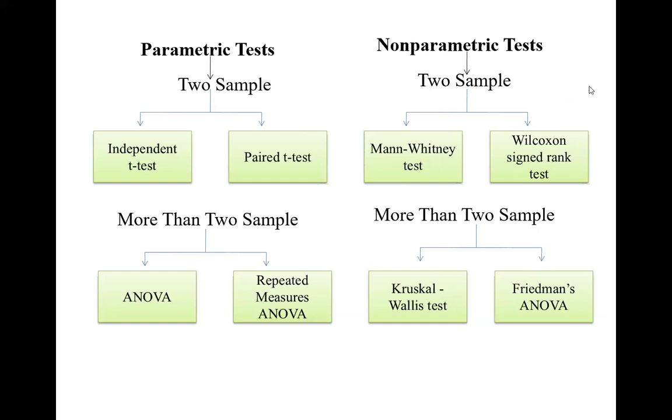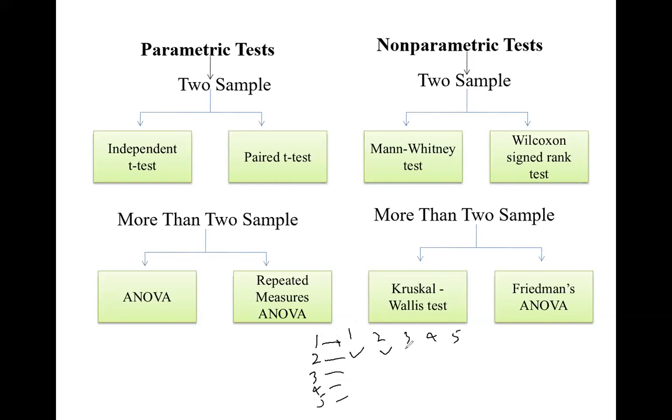Like there are 5 patients, and a doctor is taking observations: 1, 2, 3, 4, 5. The first day he takes the observation of the 5 patients, and second day, third day, 4th day, 5th day. The doctor is taking observations of the 5 patients daily.